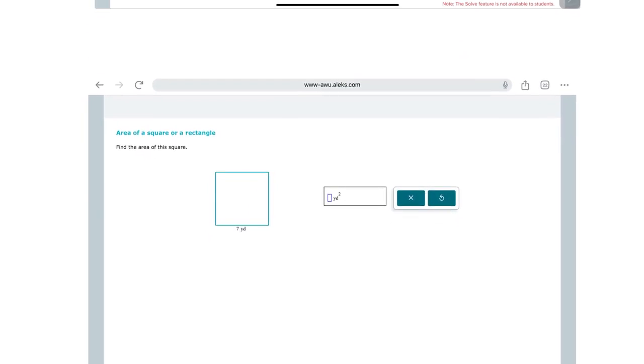So, for instance, here it says find the area of a square. So that means that all of these sides are 7. And again, you could have each individual square inside. So you could have 7 squares across this way and 7 squares going up this way.